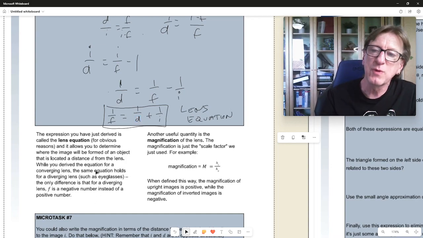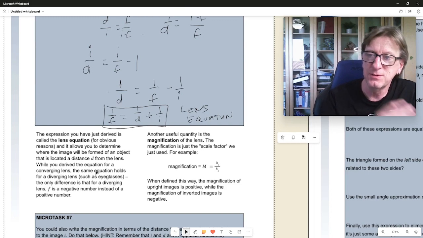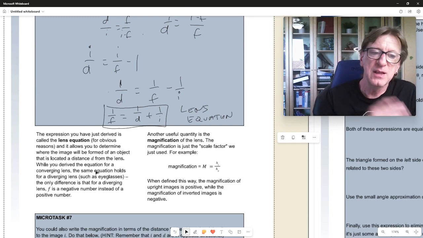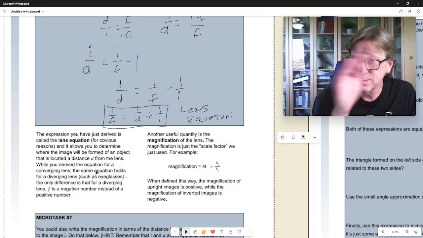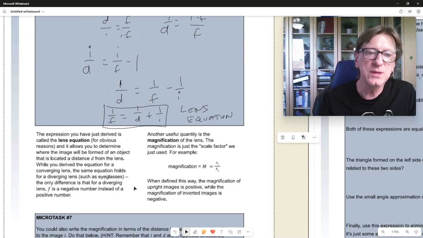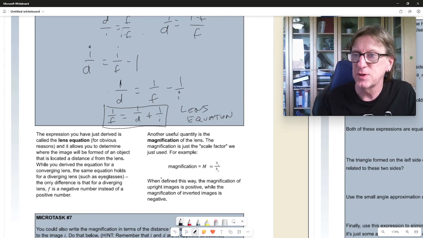Okay, now we derived this for a converging lens, for a double convex lens. The same thing holds for a diverging lens. We could go through the same arguments, go through all the same triangles. The only difference is that, remember, now my image is on the same side as my object. And so that means that I is going to be a negative number.